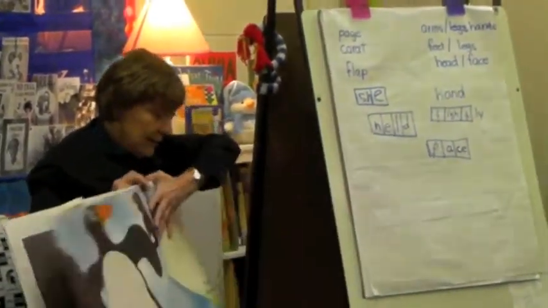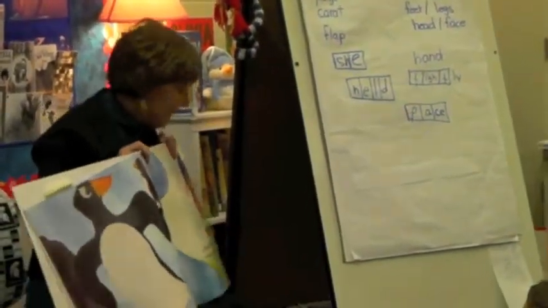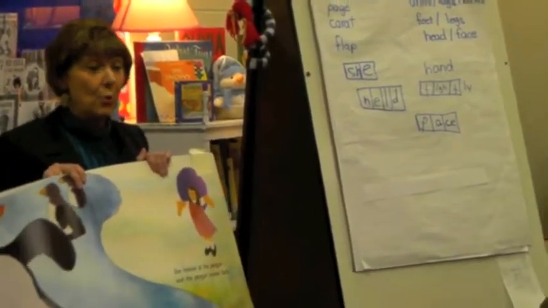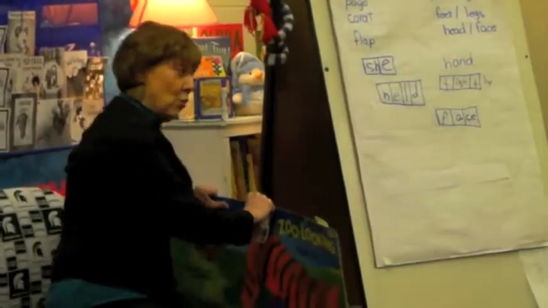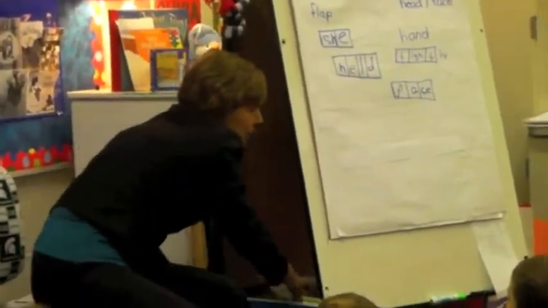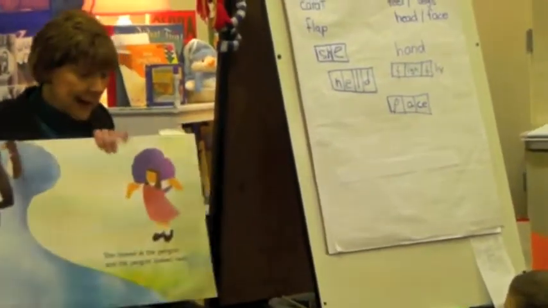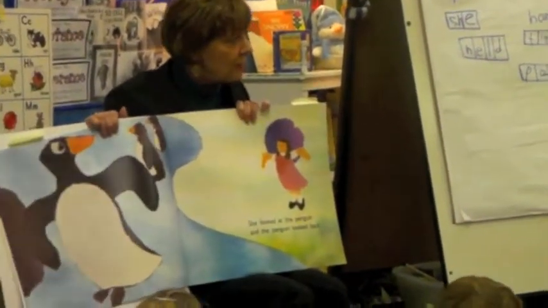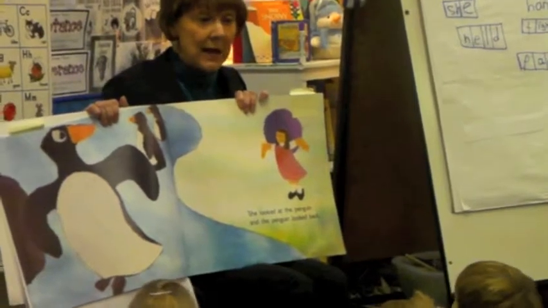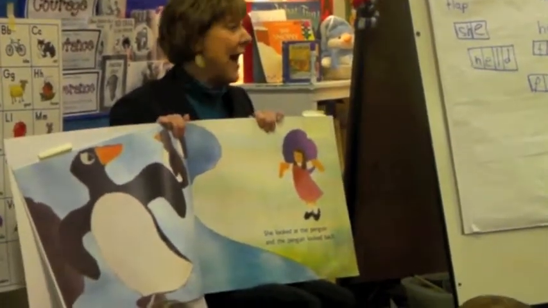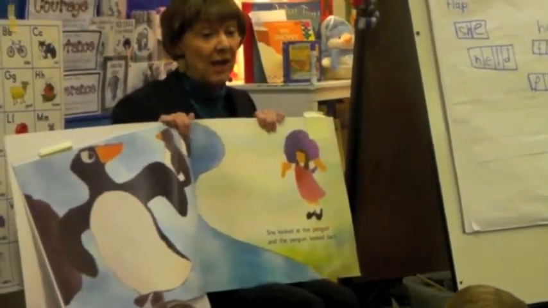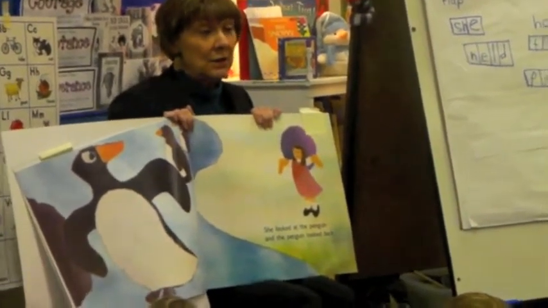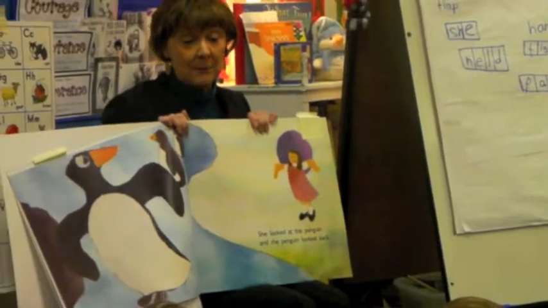Here's another one that I thought maybe we could add a flap here. I'm going to do a lot of the writing here, but you're going to have to do quite a bit of the thinking. Look at Flora's arms. They sort of look like the penguin's arms. But you know, if I didn't know what a penguin looked like, I couldn't say she looked like a penguin. You would have to make a picture in my mind.